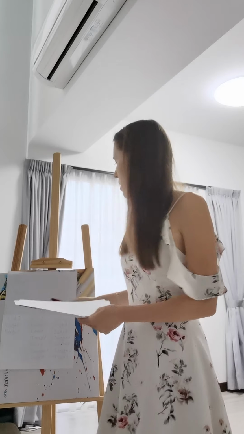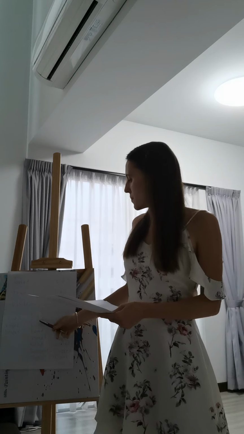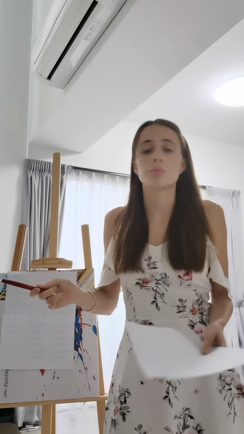I would like you to sort them into three piles: id, d, and t. Please discuss with your partner which column this or that card belongs to, and after you made your decision, have a look at the back side. So at the back side you can see the correct answer and correct yourself, okay?